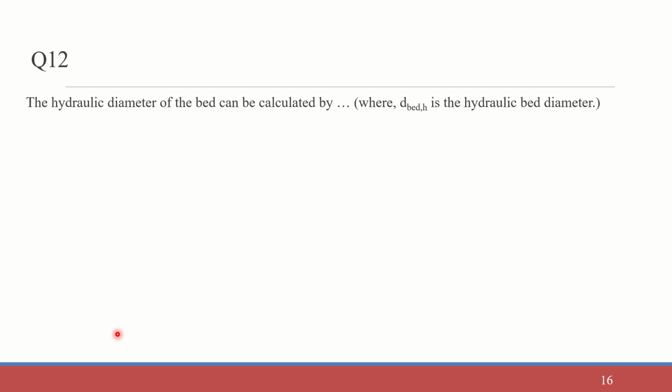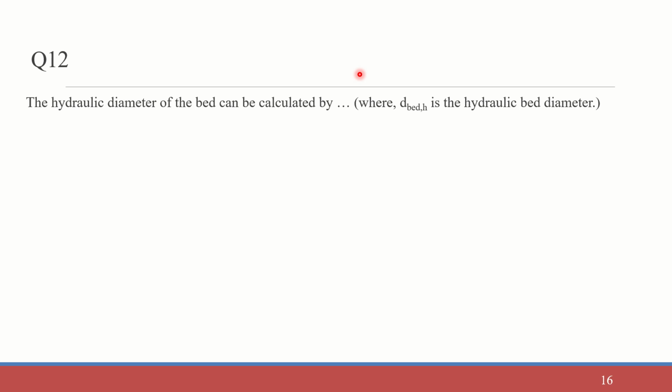In question 12, it is given that the hydraulic diameter of the bed can be calculated by dash, where d bed h is the hydraulic bed diameter. Actually, you will be using the bed diameter in most of the calculations.